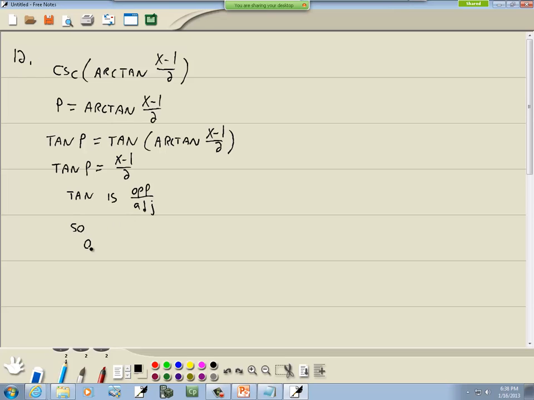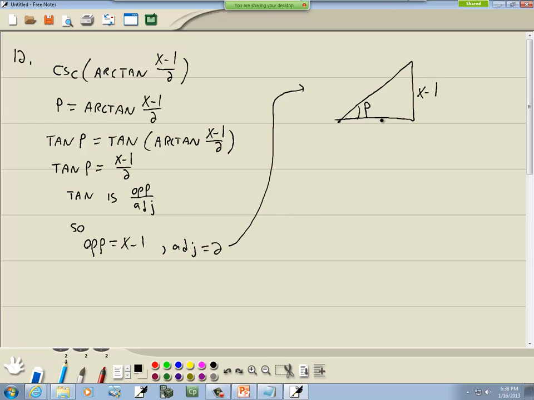So let me actually write it down this time. Opposite is equal to x minus 1, and adjacent is equal to 2. So let's come up here and draw a triangle. Here's P. Opposite would be x minus 1. Adjacent is 2. What we're missing is the hypotenuse.